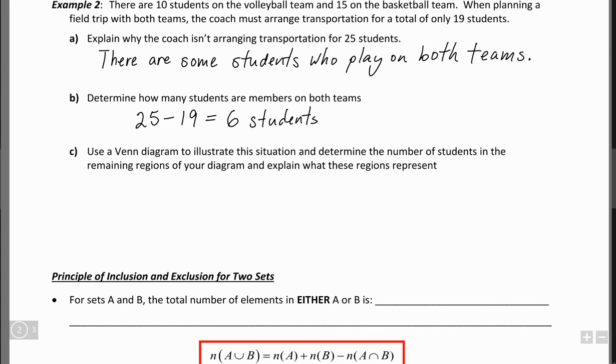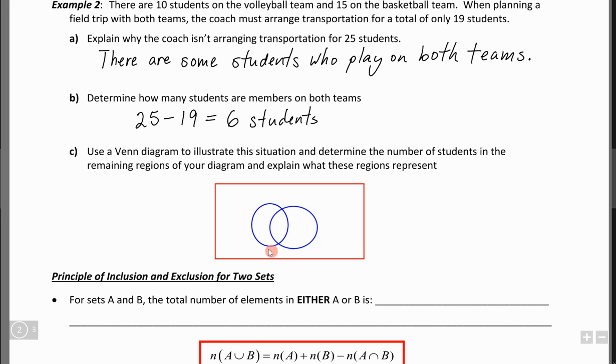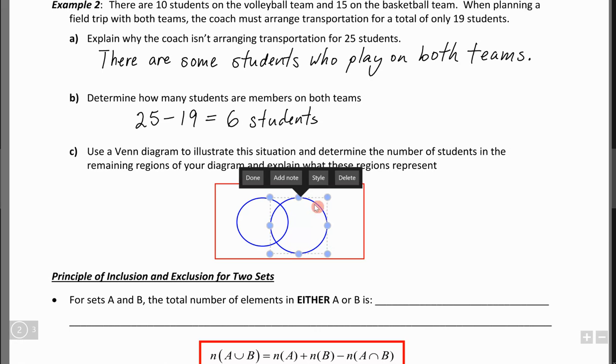So let's just draw a Venn diagram. Here's a little box. So we start with the box. I'm going to draw two circles. Here's one circle, and here's another circle. Maybe I can make that a little bit bigger, with a little more overlap to show there.